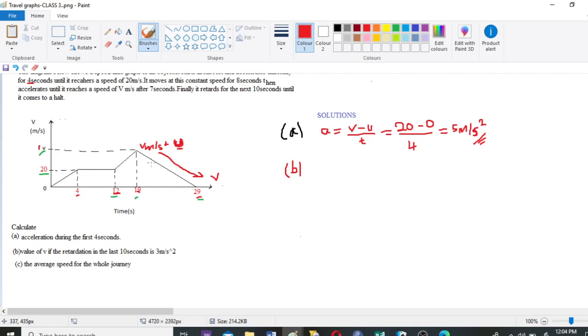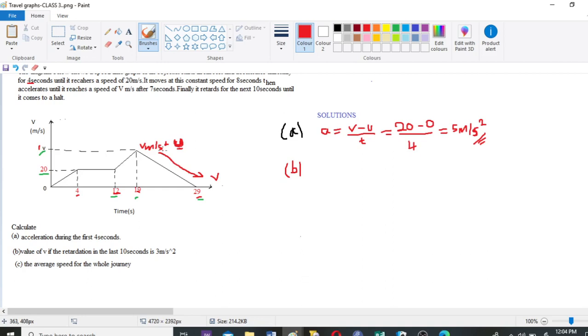In the actual sense, we are calculating for the initial velocity when the car started retarding, when it is already traveling at a speed of v meters per second. So v meters per second is the initial speed in this case, then our final will be the resting point when it stops moving.